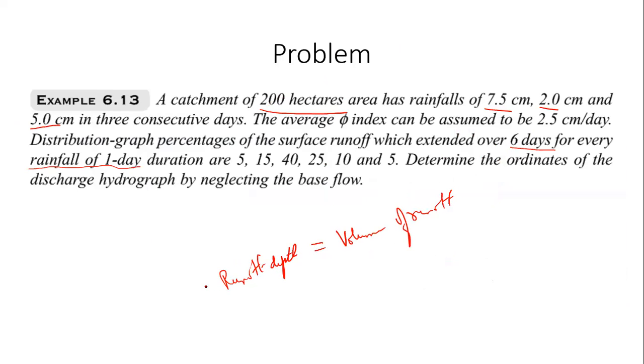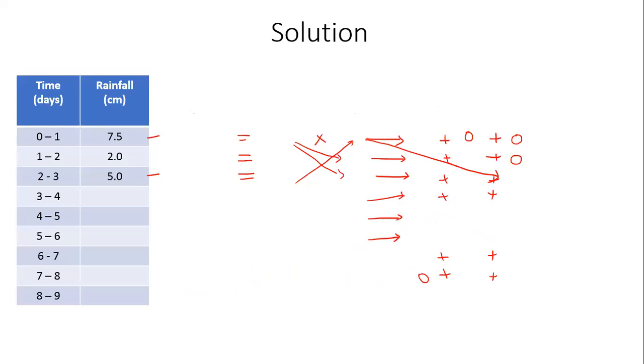You multiply by area. If you know volume of runoff, how do you get the rate of runoff? Volume divided by your time. So in this case, the time step is 1 day.